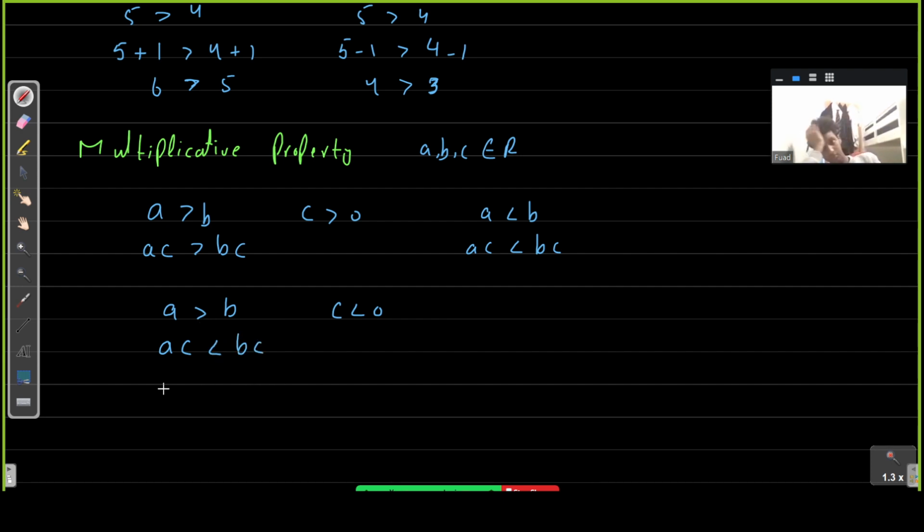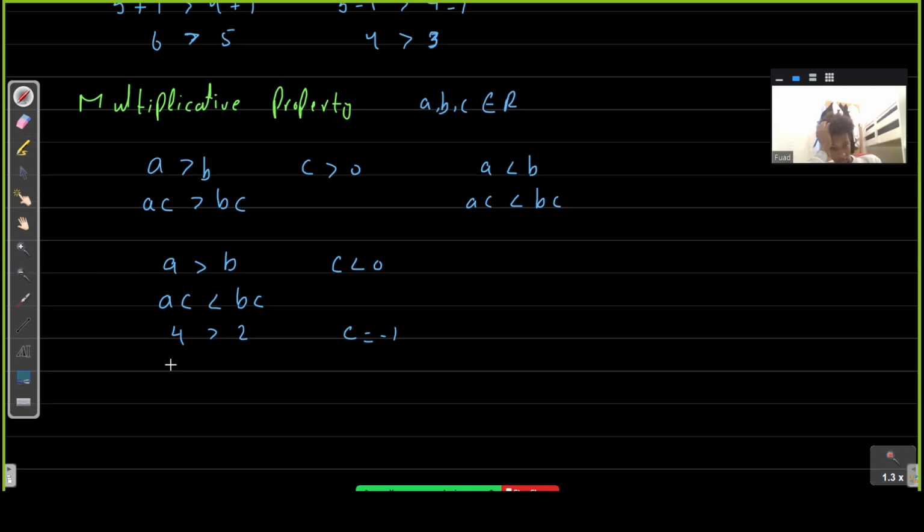For instance, 4 is greater than 2, and I multiply by c equal to -1, which is less than 0, a negative number. 4 times -1 is -4, and 2 times -1 is -2. So the inequality, which was greater than, becomes less than, because -4 is less than -2.